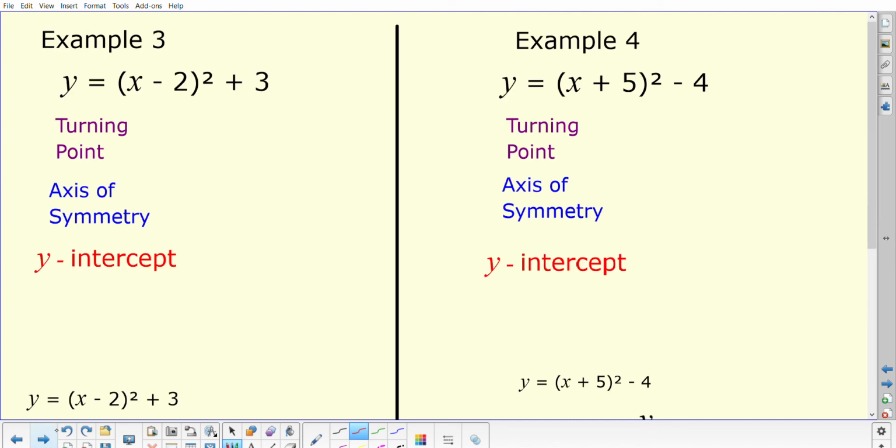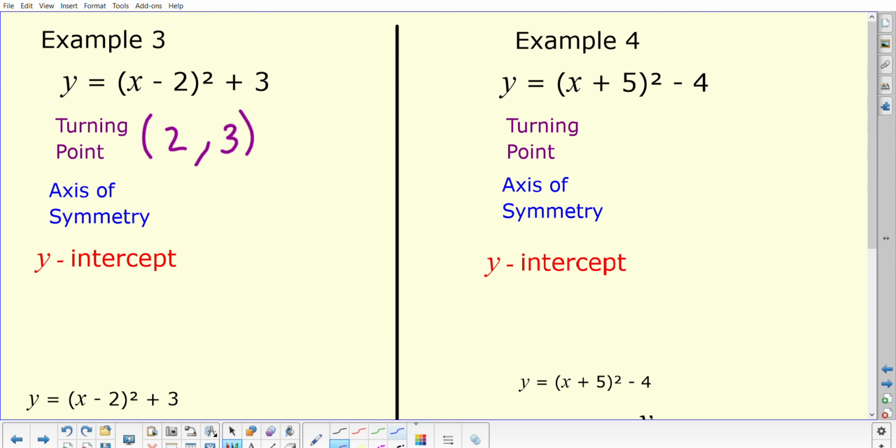Now we move on to look at drawing the ones that we've been talking about with the completed square format. With these ones, your turning point that you're looking for here would be the point 2, the opposite of negative 2, so 2, 3, that's my turning point.